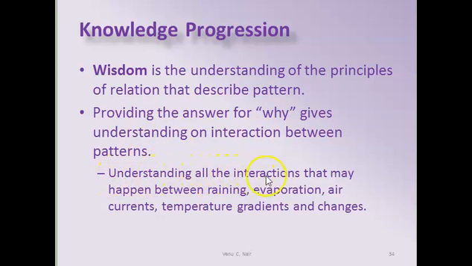Understanding all the interactions that may happen between raining, evaporation, air currents, temperature gradients, and changes. All these are scientific activities which leads to the raining process. Now this understanding of these factors takes us to the state wisdom.